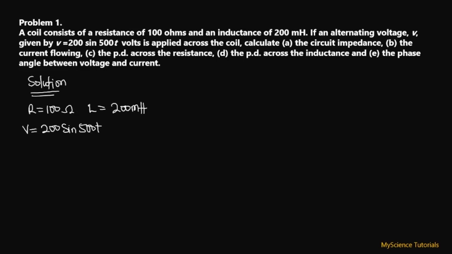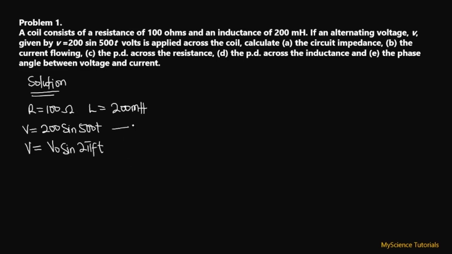In an AC circuit, the voltage given in this wave format is not the voltage that we use. We use another voltage which we call the applied voltage, or the root mean square voltage. From here, the general formula is V equals V naught sine 2 pi f t.